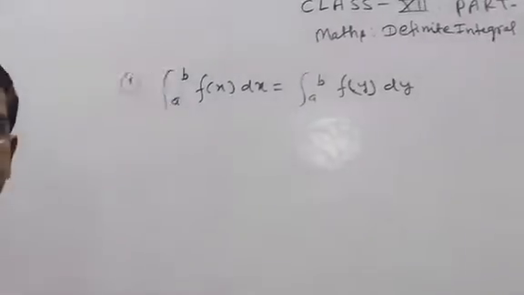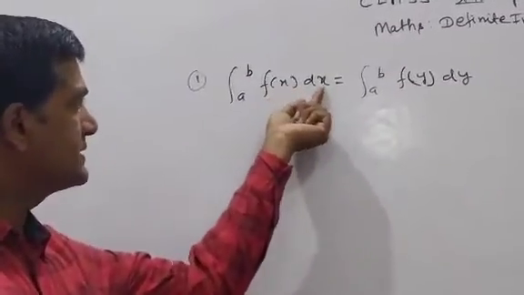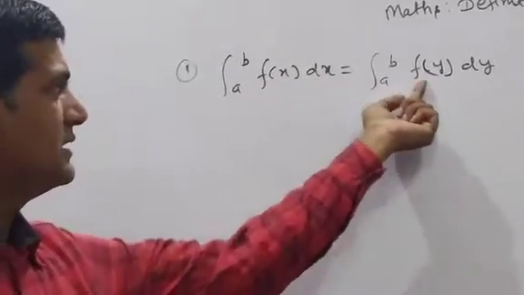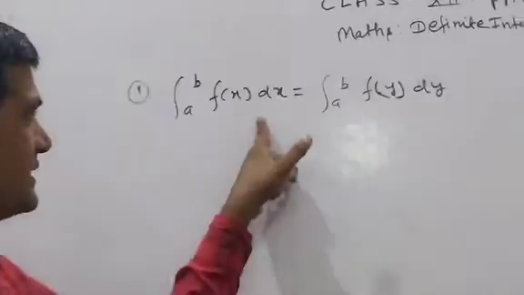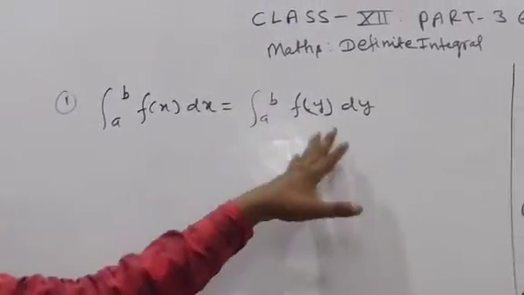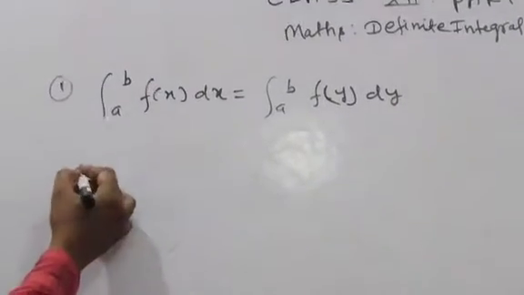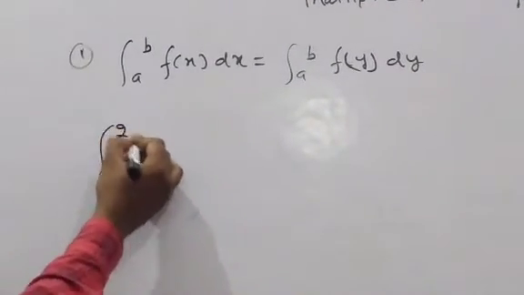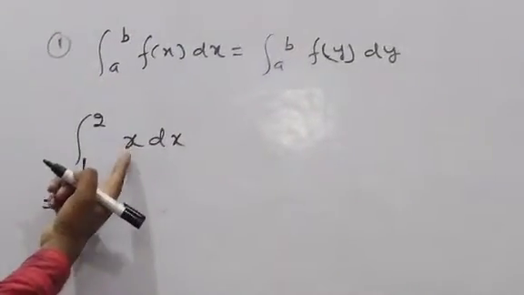It means in this case, if the variable is changed, f(x) dx is a variable of x and f(y) dy is a variable of y, if the variable is changed, then the answer remains the same. Clear? For example, suppose integral 1 to 2 of x dx. First of all, integrate this.